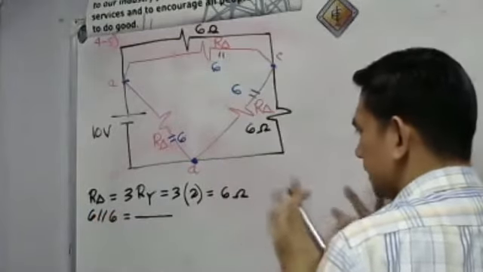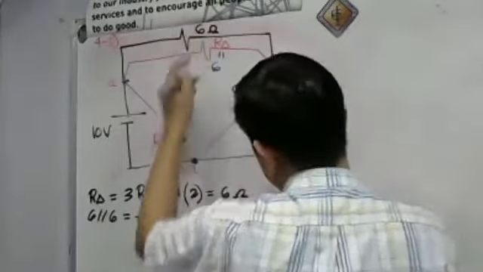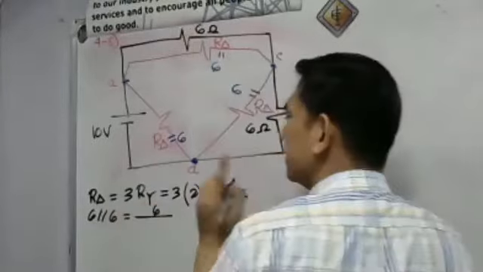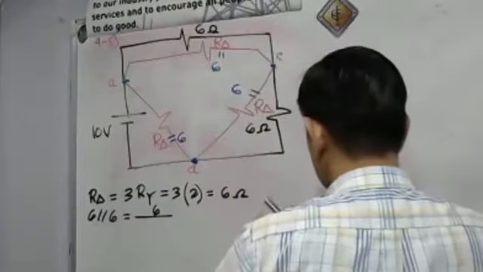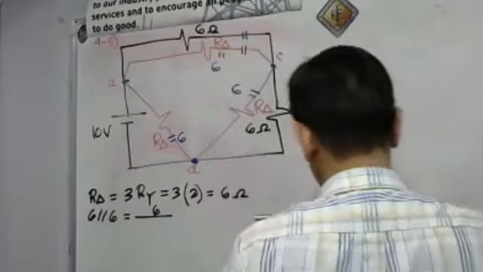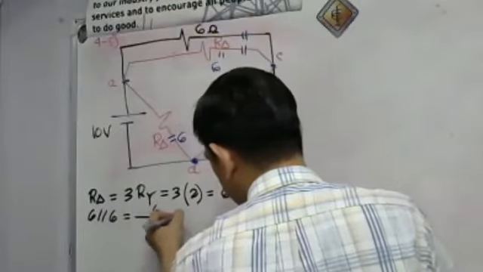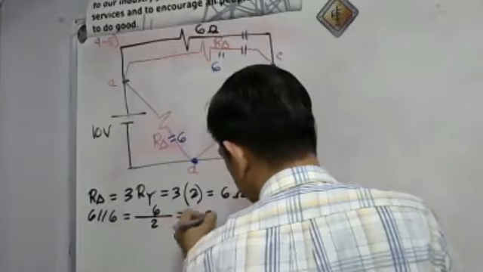How to get that? That is equal to the branch resistance, which is 6 ohms, divided by the number of branches. We have only 2 branches, so 6 over 2. The answer is 3 ohms.